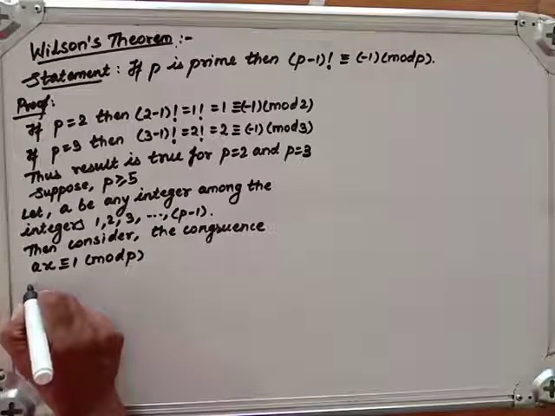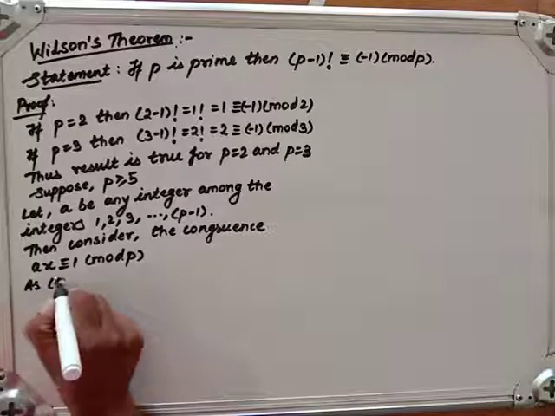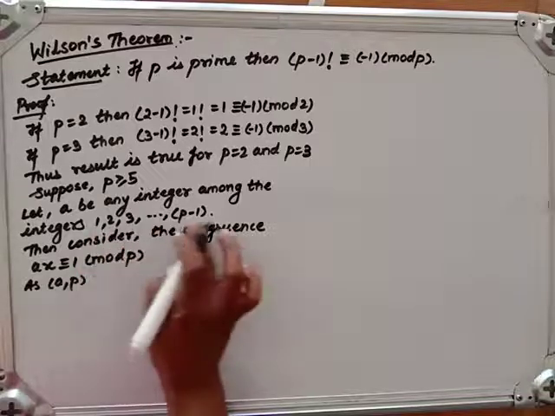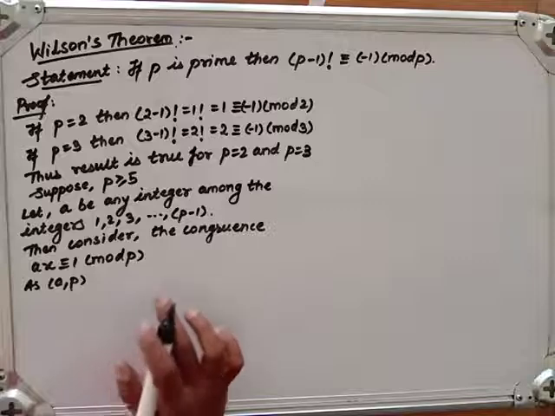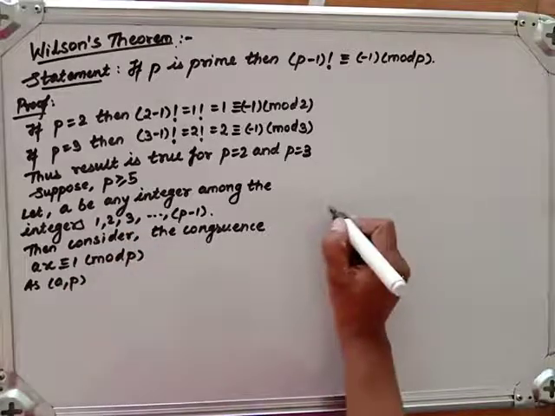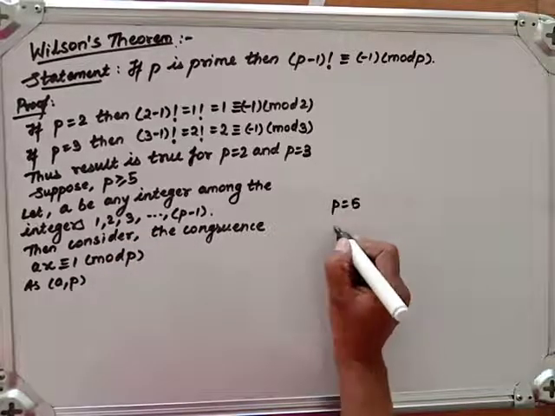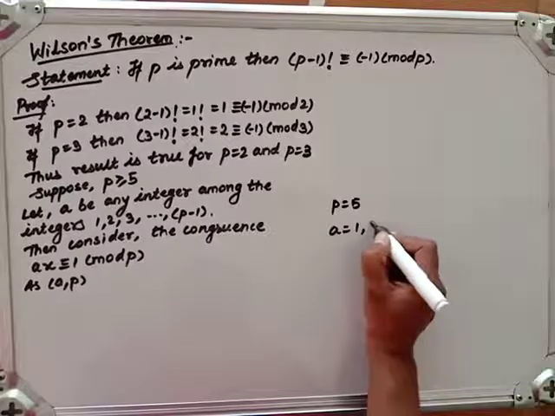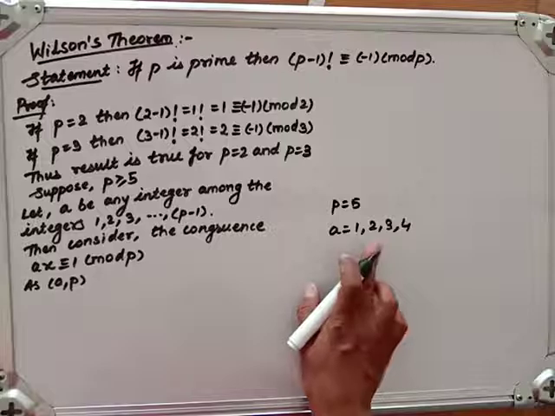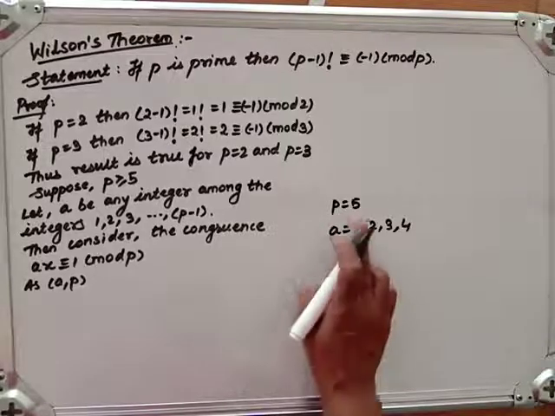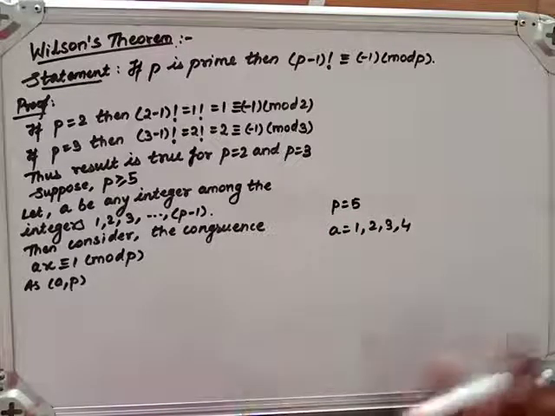Now, as A and P, obviously, if any one of them is taken, then it will be prime with this P. Look at here. If P is equal to 5, then what are the possibilities of A? 1 or 2, 3 or 4. Up to P minus 1 we have to take. So each one will be relatively prime with this 5.